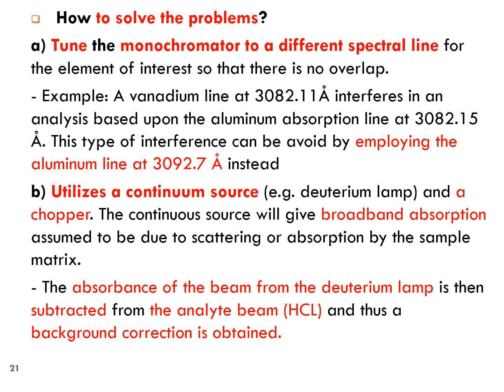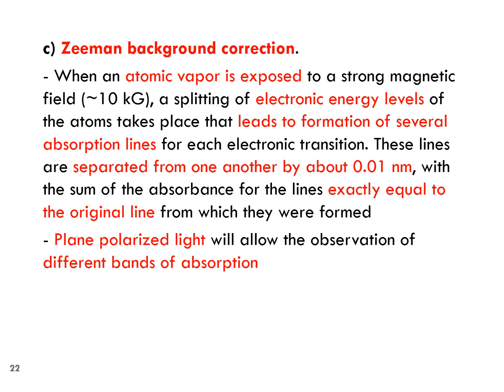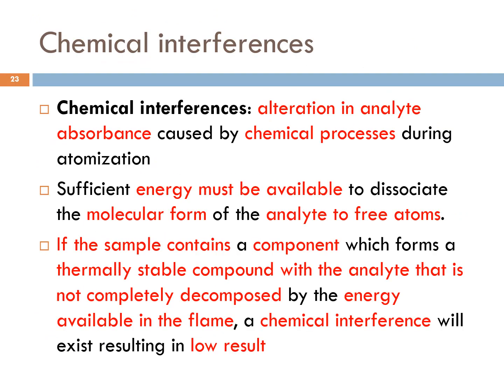Okay. So cara untuk solve this problem, you boleh baca by tune the monochromator to a different spectral line, ataupun you can utilize a continuum source, ataupun Zeeman background correction.